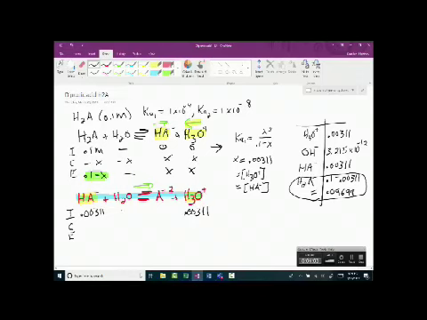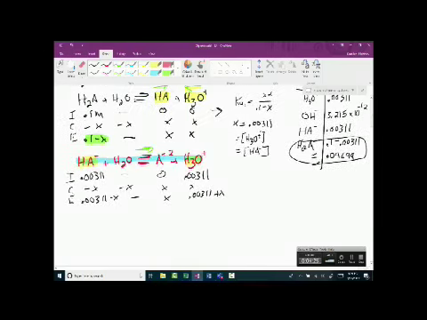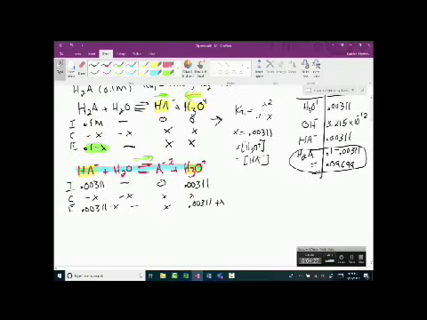Okay, and we have dash, and 0 minus x, x and x, so 0.00311 minus x, dash, x, and 0.00311 plus x, and I get Ka2. I'll solve it down below here.